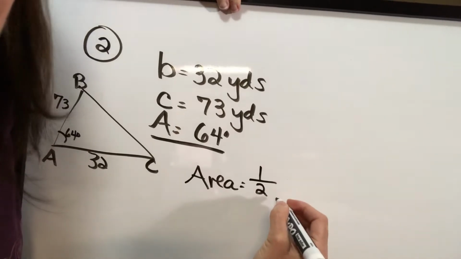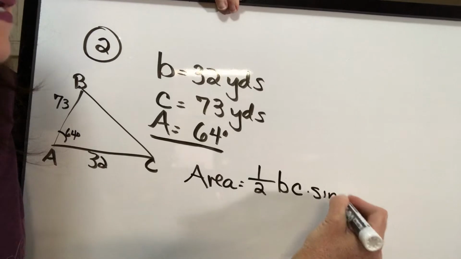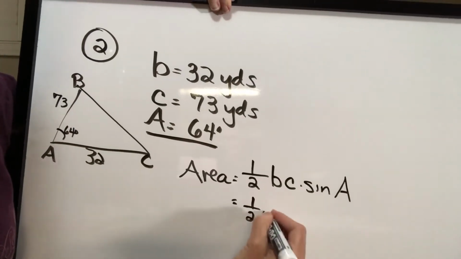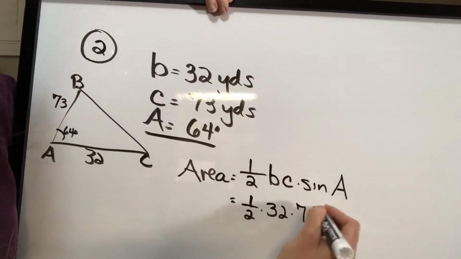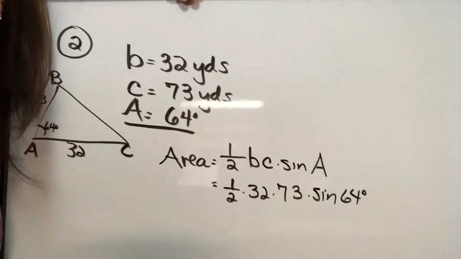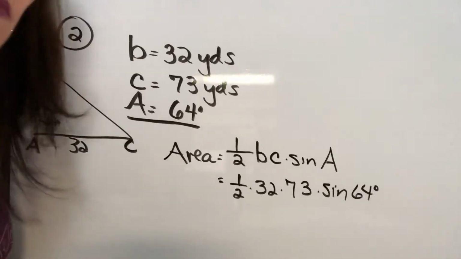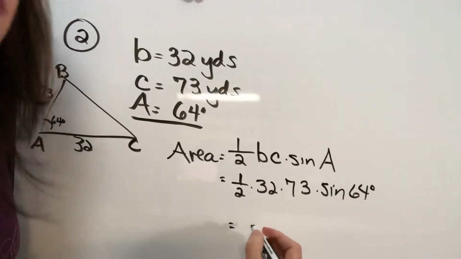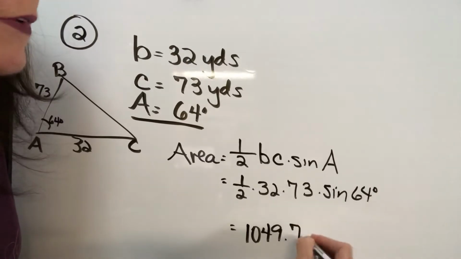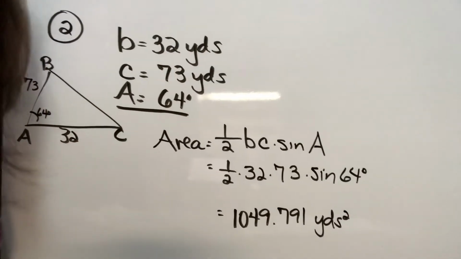So it will be 1/2 B times C times the sine of angle A. So all we're doing this time is 1/2 of 32 times 73 times the sine of 64. So I'm not going to put this one in the calculator since I just did the other one. So if you were to type this in, you would get 1049.791 yards squared, or square yards, because it's area.